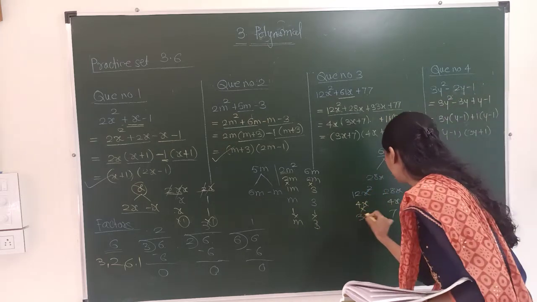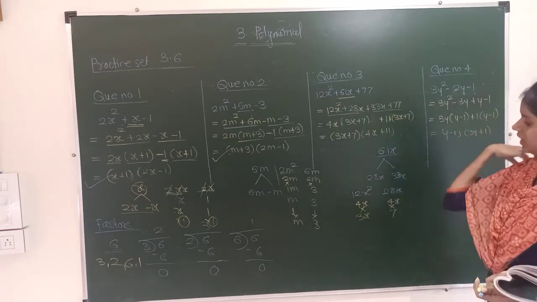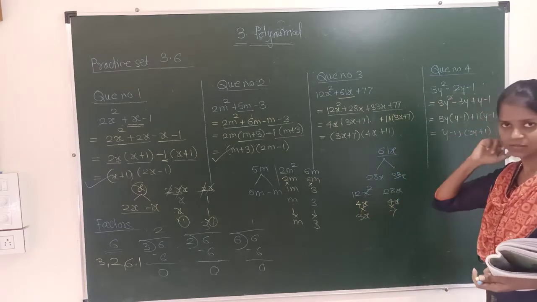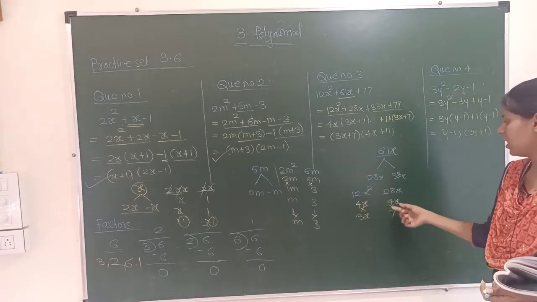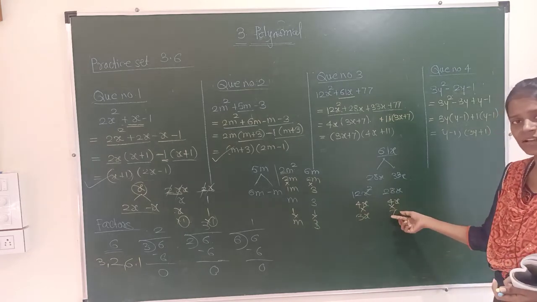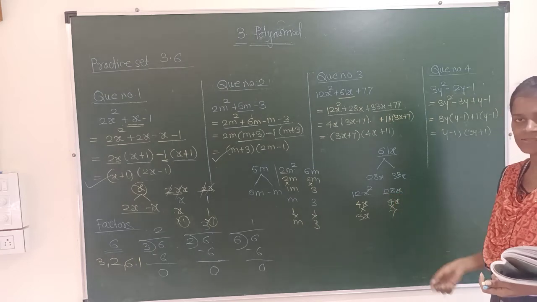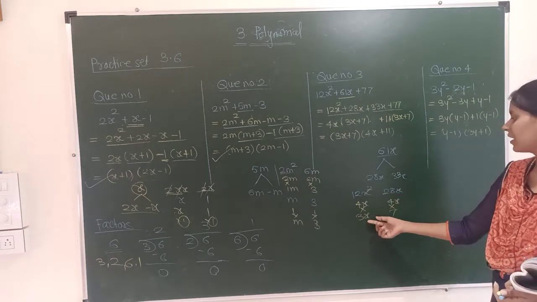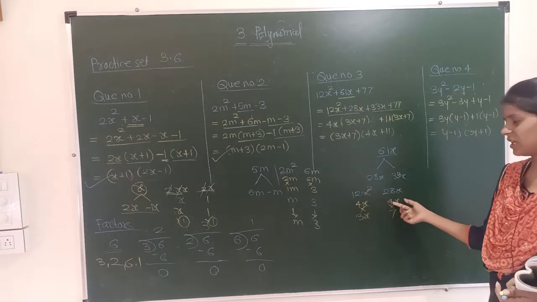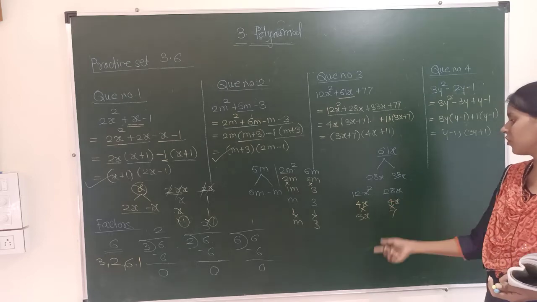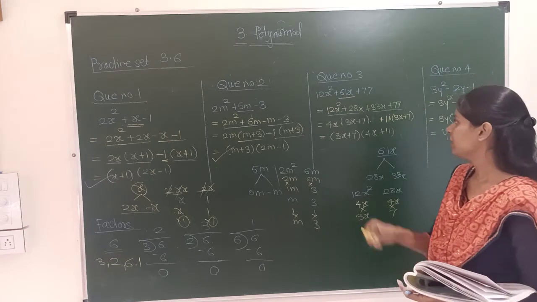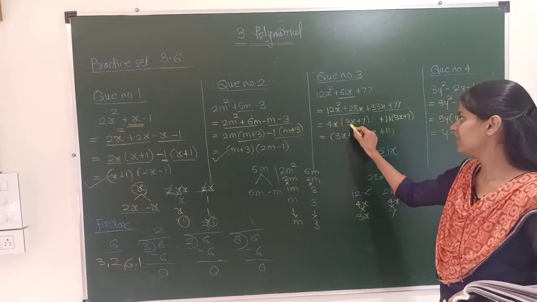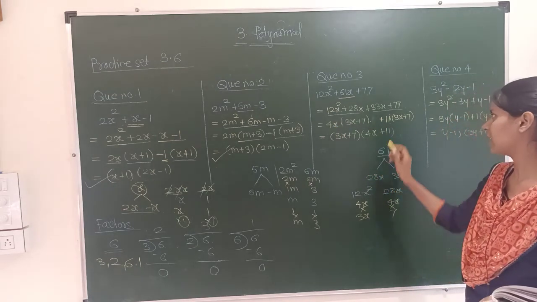If we multiply this, what will come? 12x square, see, 4 3s are 12 and x into x is x square. 4 into 7, 4 7s are 28 and this x. So how will we factorize it? We will take 4x in common, and in the bracket it will be 3x plus 7. So we took 4x in common and 3x plus 7 in the bracket.